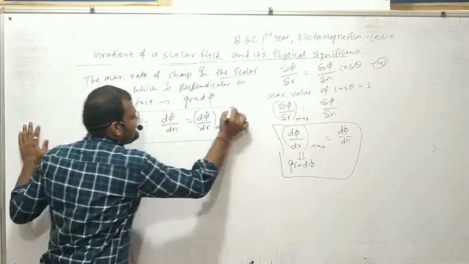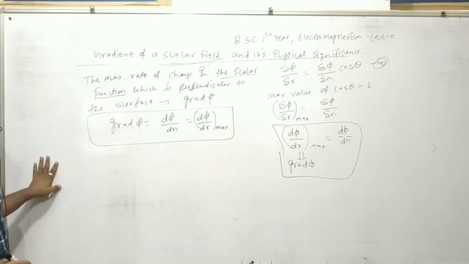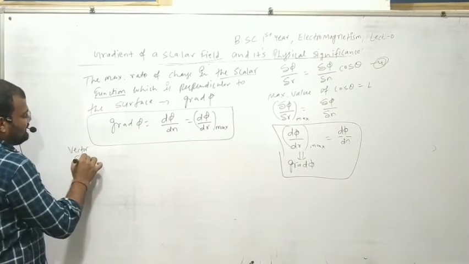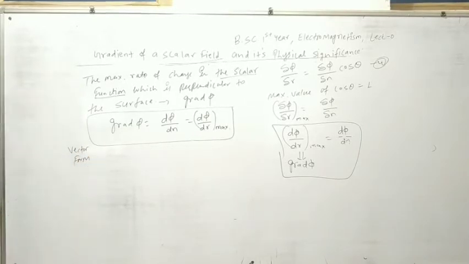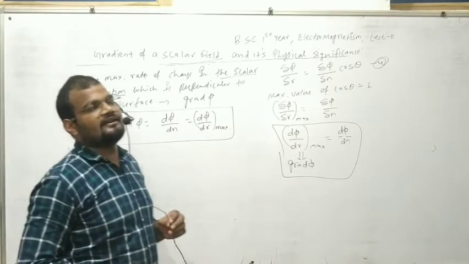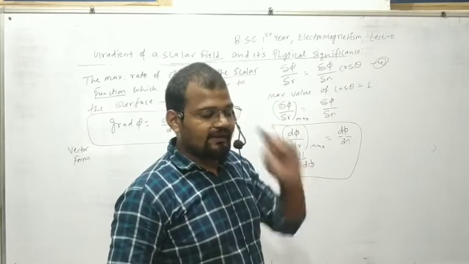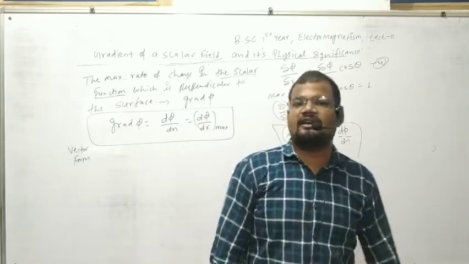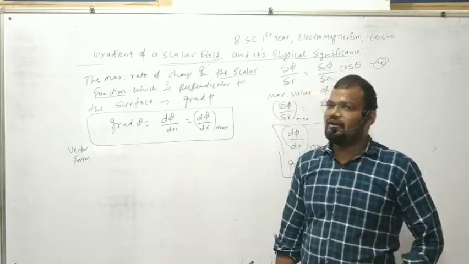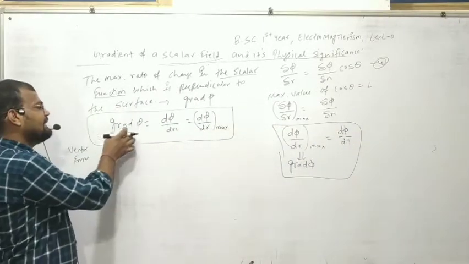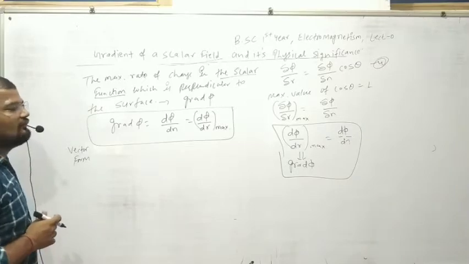Okay, this is in the scalar form. If I want to write in the vector form, always remember that the gradient of a scalar function is always a vector quantity. So phi is your scalar. If I take the gradient of the scalar function, what will I get?